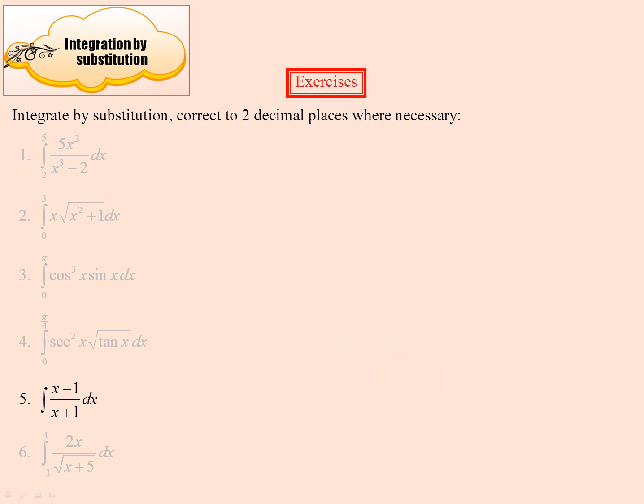Here's a switch around. So we let u equal x plus 1. And we have to deal with two things. We need to find du, and we need to find what x minus 1 becomes. So du by dx, so du equals dx, and I need what x minus 1 is. So x minus 1 is u minus 2.